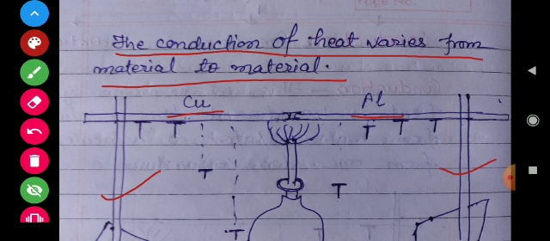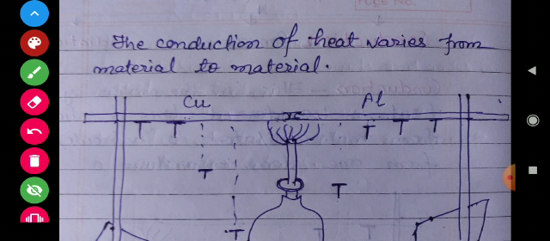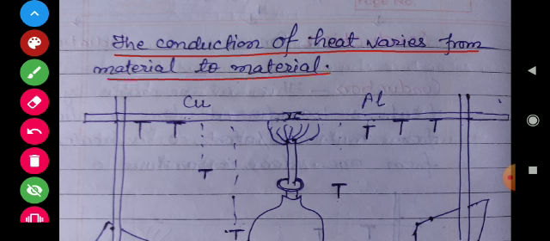We start heating both rods from one end, and we find the rate of transfer of heat is different in both rods. In the case of copper the nails fall faster than in the case of aluminum. So in this way we can say that the conduction of heat varies from material to material.